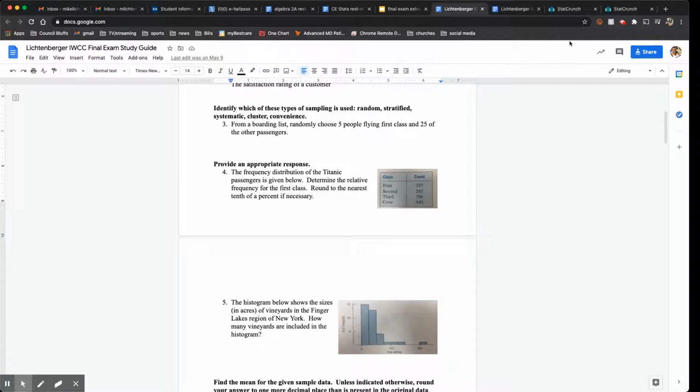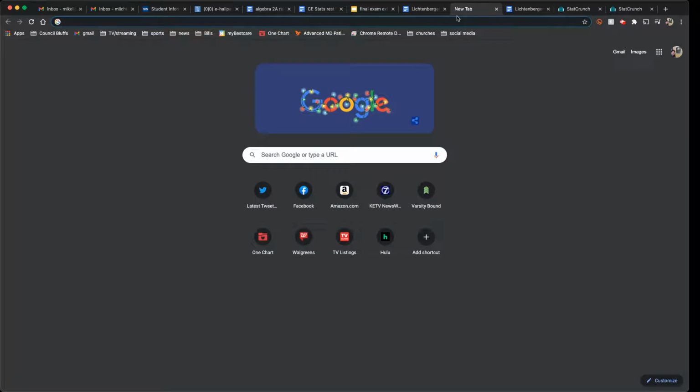Number 4, the frequency distribution of the Titanic passengers is given below. It's actually off to the side here. Determine the relative frequency for the first class. Round to the nearest 1/10% if necessary. So I'm going to pull up my calculator here.